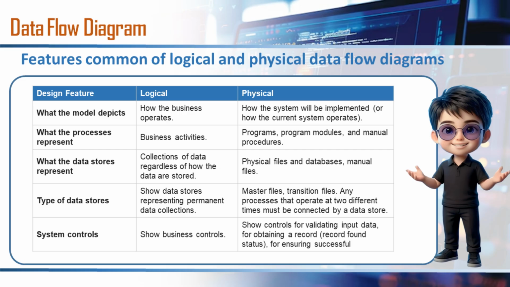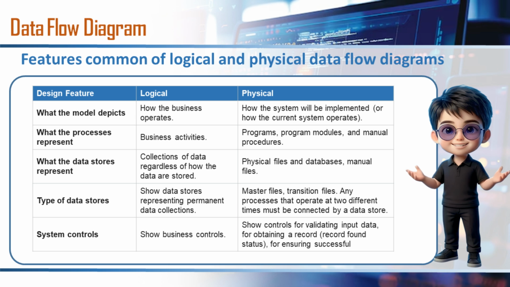It focuses on the business rules and controls that govern how activities are performed. In contrast, a physical DFD shows how the system is implemented or how the current system operates, with processes representing programs, program modules, and manual procedures. Its data stores represent physical files, databases, and manual files, such as master files and transaction files.